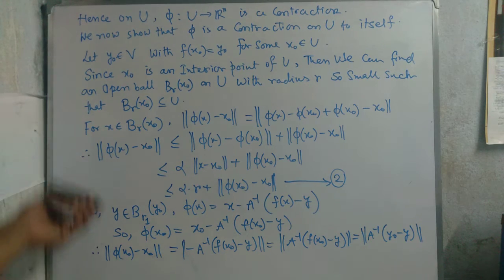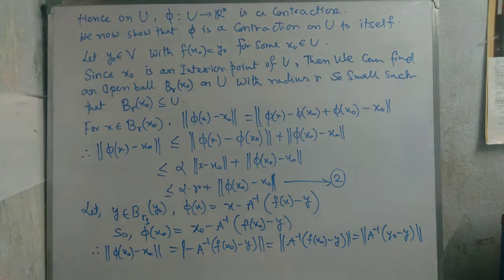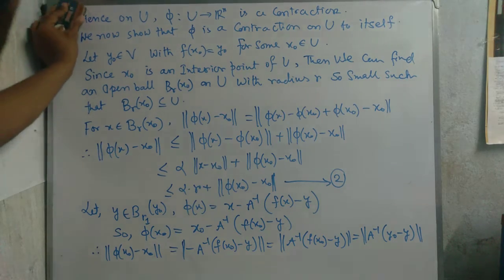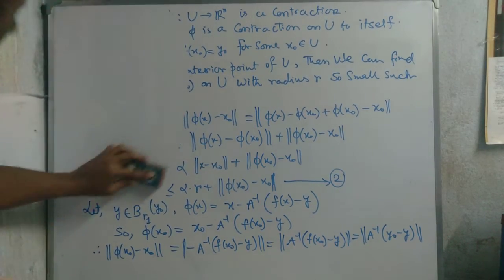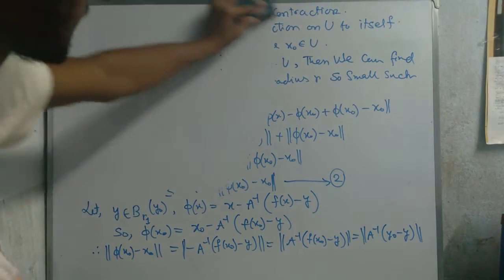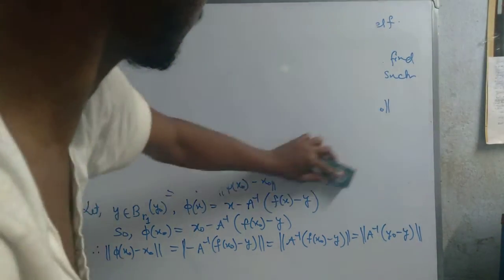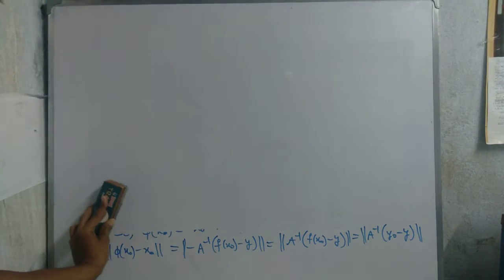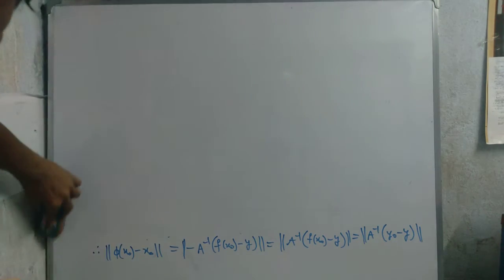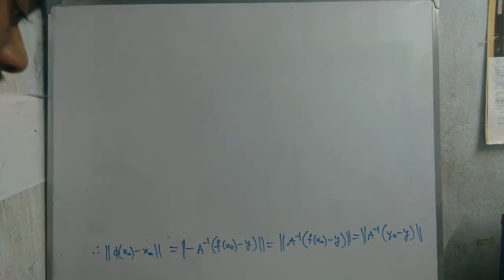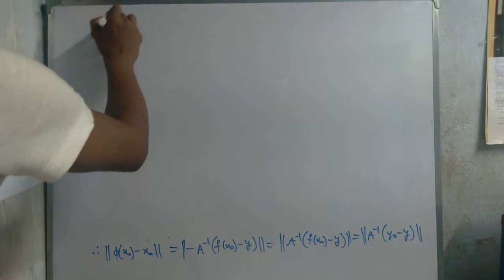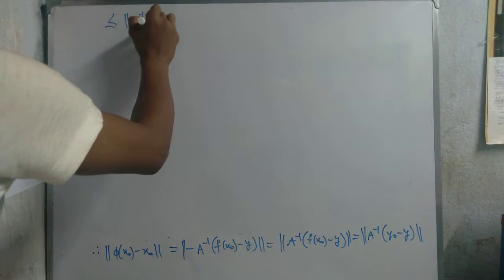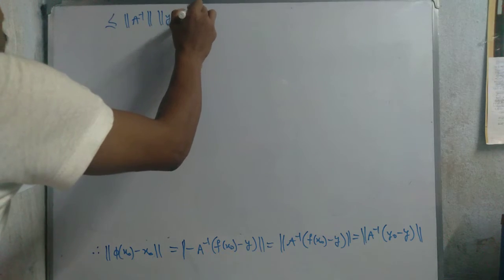We now erase our portions and go on to further discussion. Now this is less than or equal to the norm of A inverse times the norm of y minus y0.